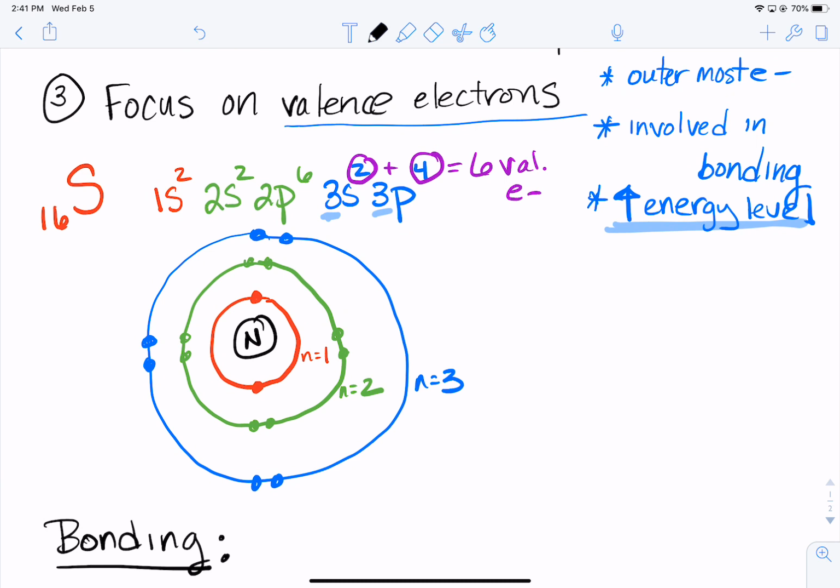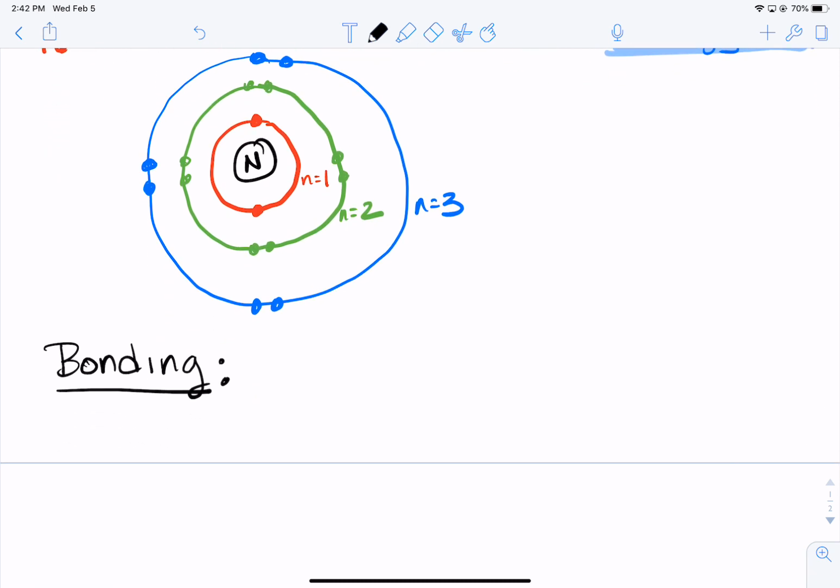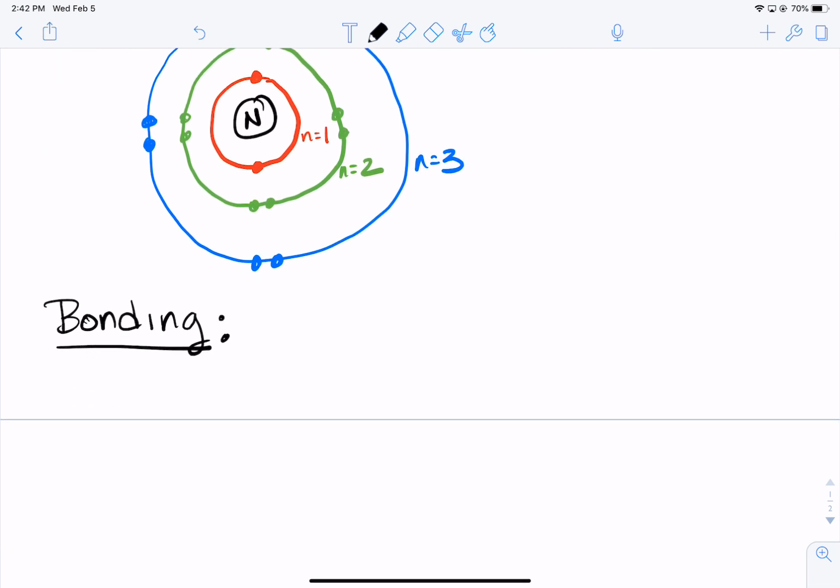Covalent. Good. We've got ionic and covalent bonding. Ionic bonding is between metal, nonmetal, right? What's covalent between? Nonmetal and nonmetal. So ionic, first of all, is between a metal and a nonmetal. That's one refresher.